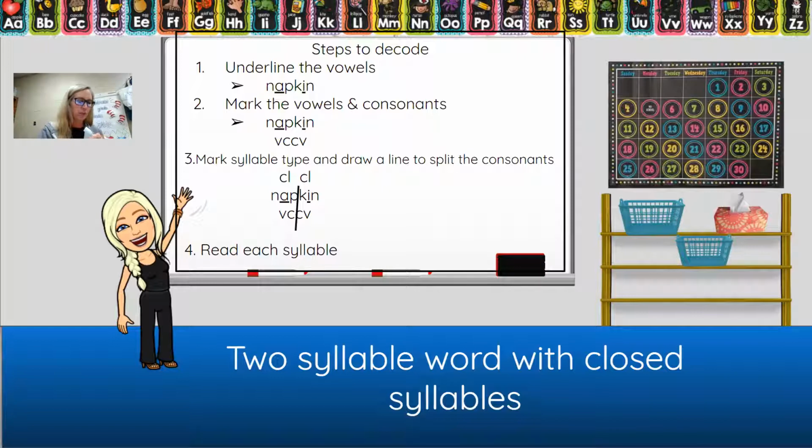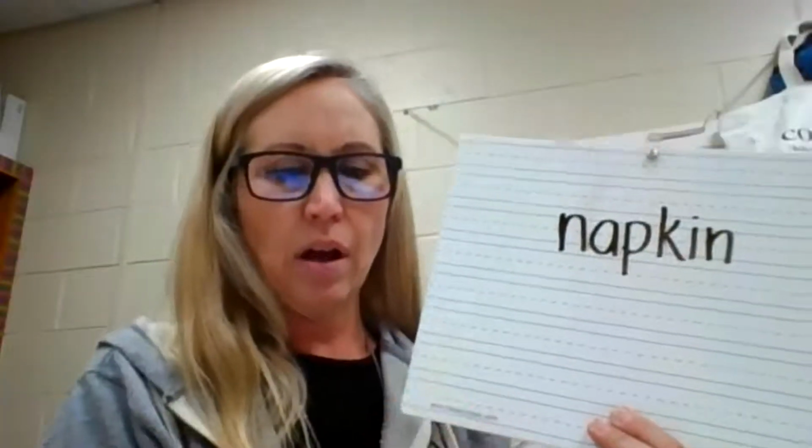I'm going to write it on my whiteboard, nice and big so everyone can see it. All right, I'm going to stop sharing my screen here so we can see this nice and big. All right, so here are the steps. I've already told you what the word is, but if you didn't know this word, let's take the steps to figure it out.